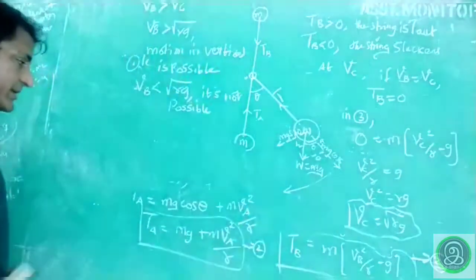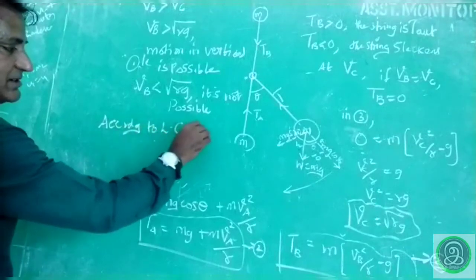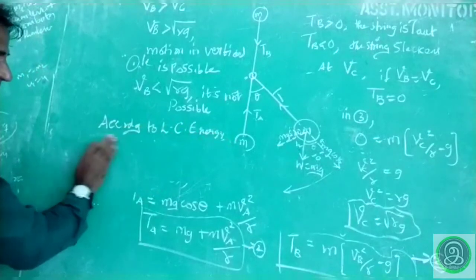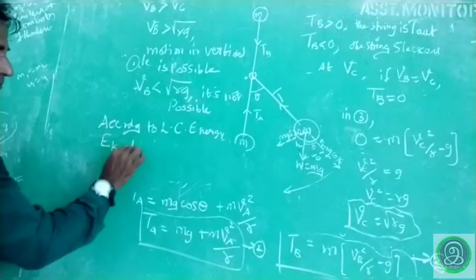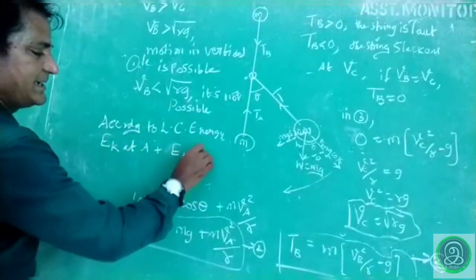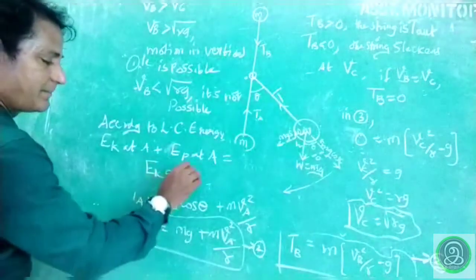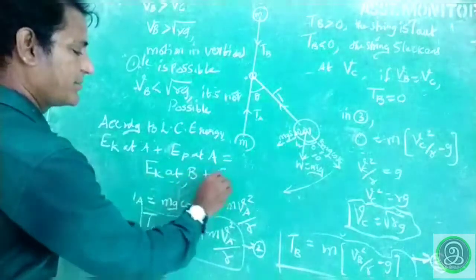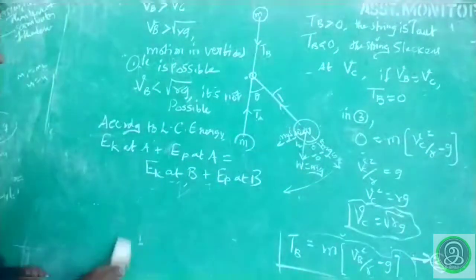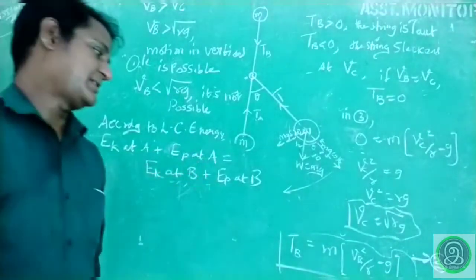According to the law of conservation of energy, the kinetic energy at A plus the potential energy at A is equal to the kinetic energy at B plus the potential energy at B.